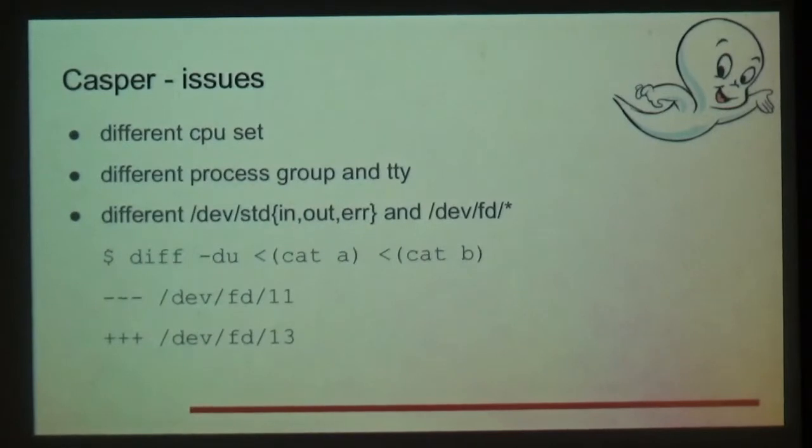And this was done by file descriptors. So when we are doing the open syscall in such a process, we would open the descriptor that was opened before that. The Casper service didn't have that descriptor, so it couldn't be done.